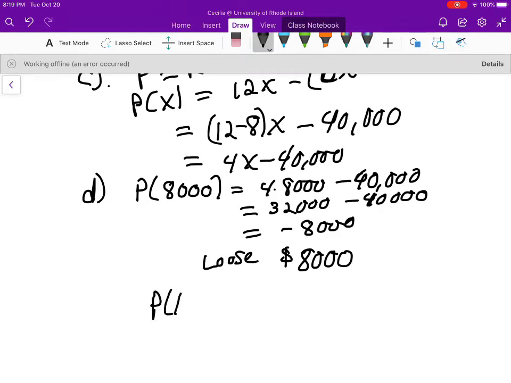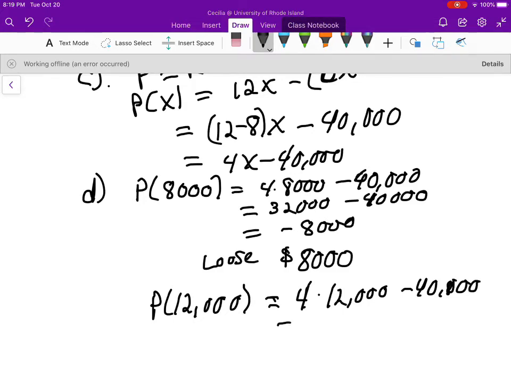So next we're going to calculate the profit associated with 12,000 units. And for this, we're just going to plug into our equation 4 times the 12,000, and then we're going to subtract the 40,000.